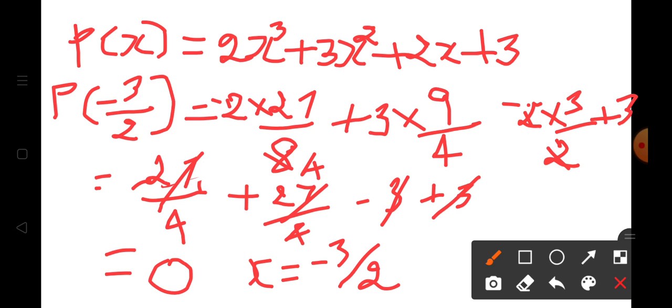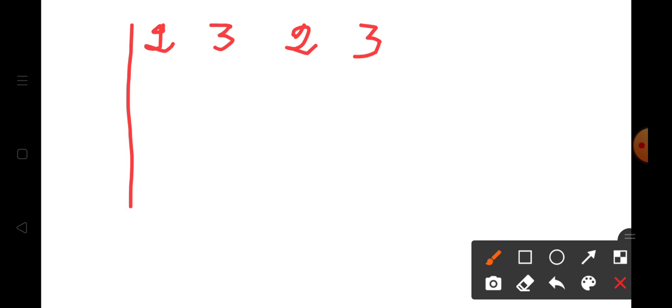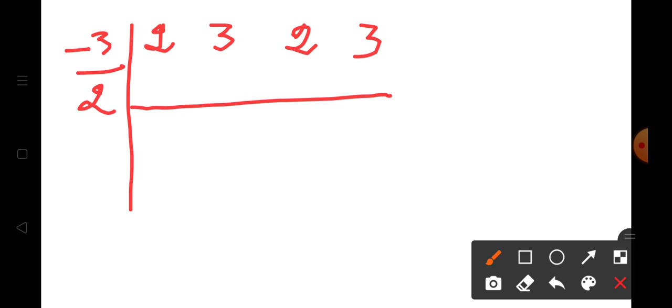Now we are going to solve the p of x in the synthetic form. Listen. First we write the coefficients, that is 2, 3, 2, 3. We are going to divide this by minus 3 by 2. First we write here 0.